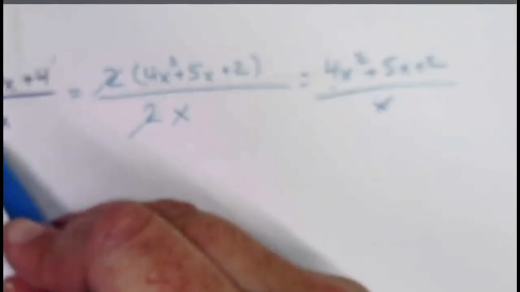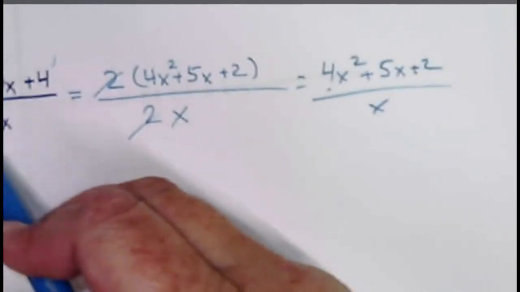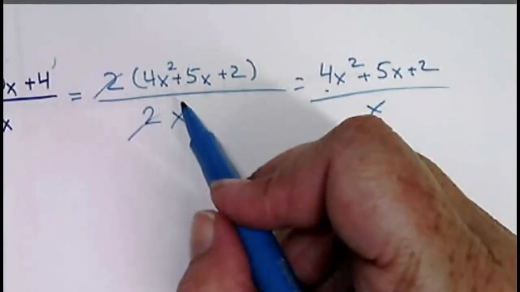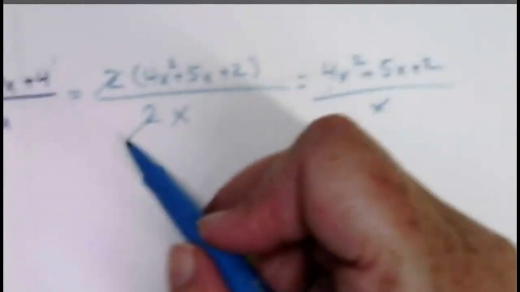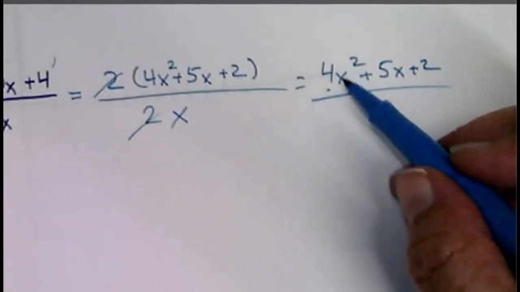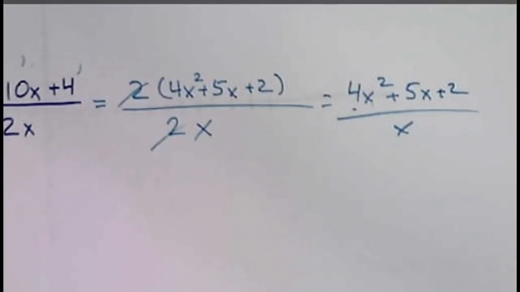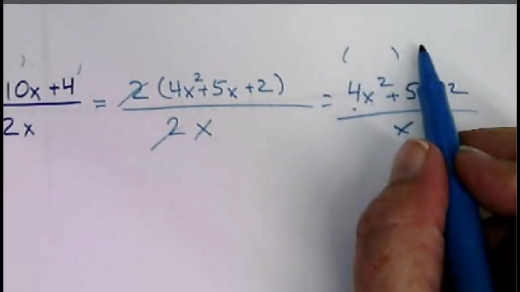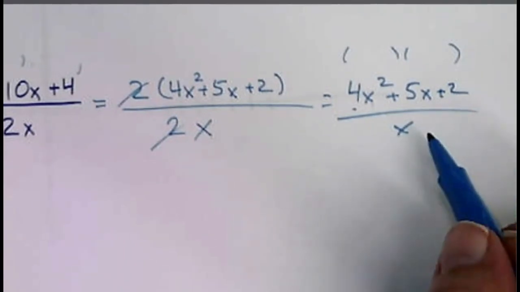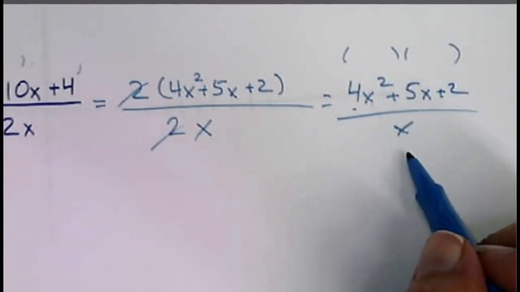Because this 2 divides literally into every term, I was able to cancel it. But usually we say you have to factor out and then cancel. If you canceled x's here, you would have it wrong. And then some people might say, well, aren't I supposed to factor this? Not really. There's nothing for it to simplify with, and it doesn't factor anyway.